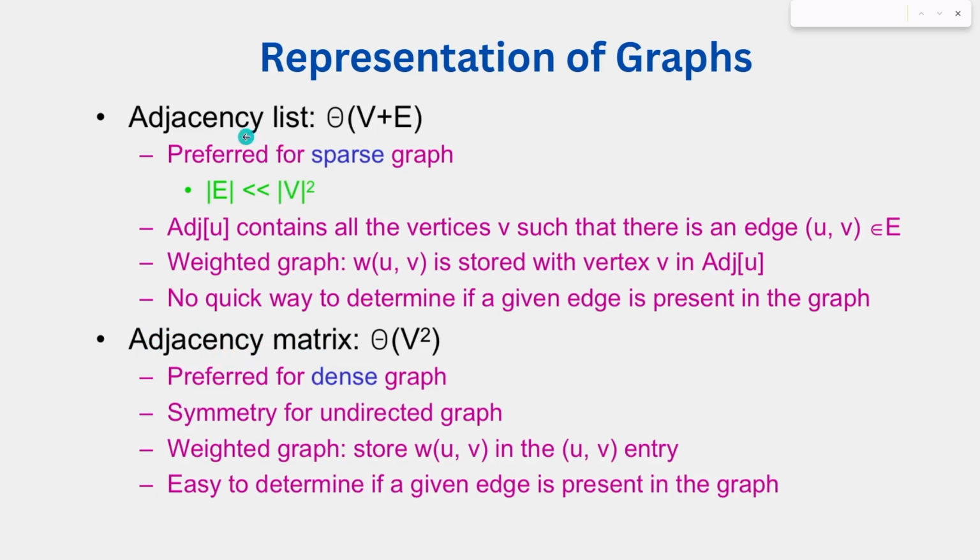If we implement a list based representation for graphs, then the complexity would be number of vertices plus number of edges, because we maintain a linked list for every vertex on the graph, and whatever edges originate from a vertex will have nodes in that particular list. For instance, if I have 5 vertices on a graph, then I will have 5 different linked lists.